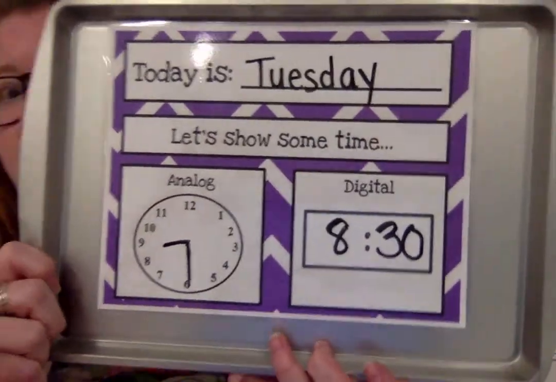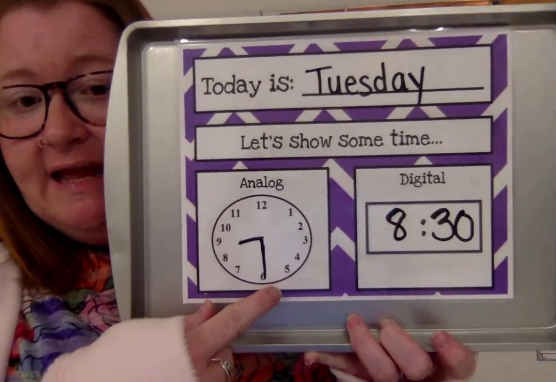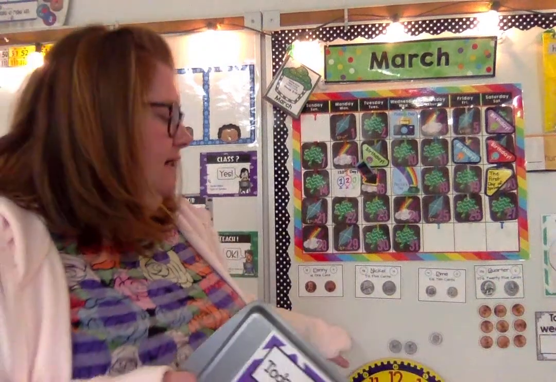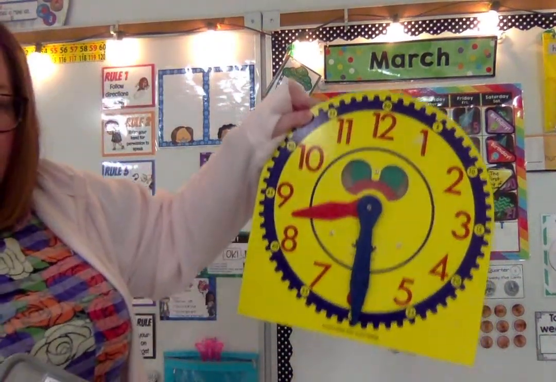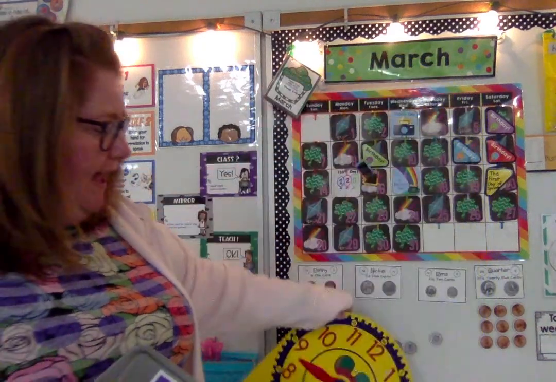If it's half past, remember it's usually in between. Let's take a look. Did you show 8:30 with our half past, our minute hand down at the 6, and the hour hand in between the 8 and 9? Here it is on the big Judy clock. It is 8:30 or half past 8.